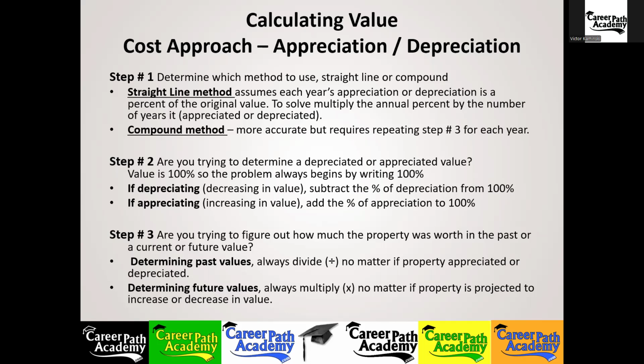So to solve you're going to multiply the annual percentage by the number of years. That's the straight line method. The compound method is more accurate, but it requires repeating the math step once for each year. So you're going to do a math problem once for each year instead of just multiplying it by the number of years.